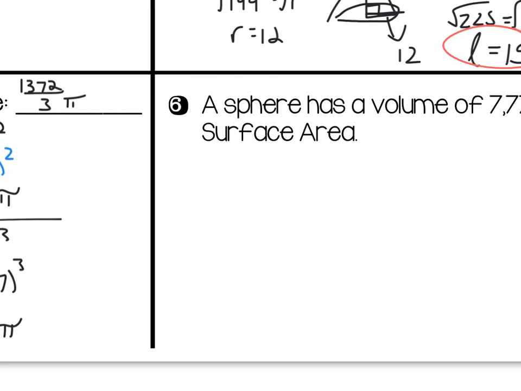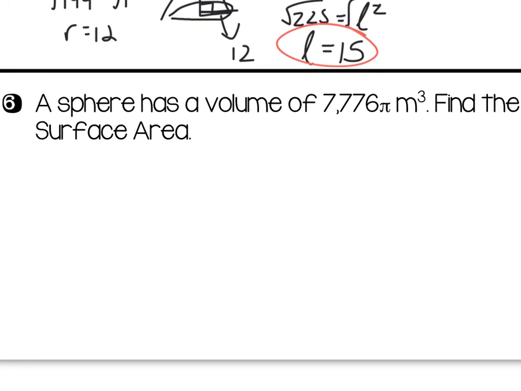Last one. A sphere has a volume of 7,776 pi meters cubed. Find the surface area. So surface area is 4 pi r squared.